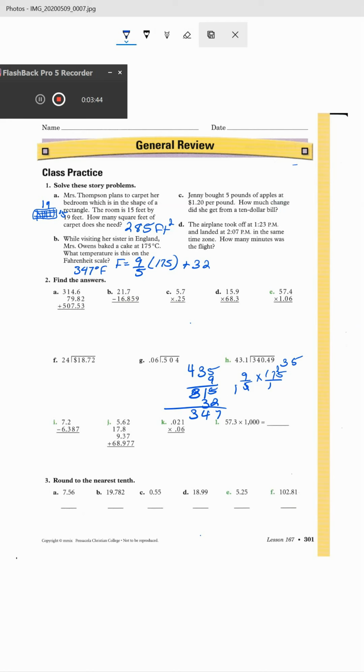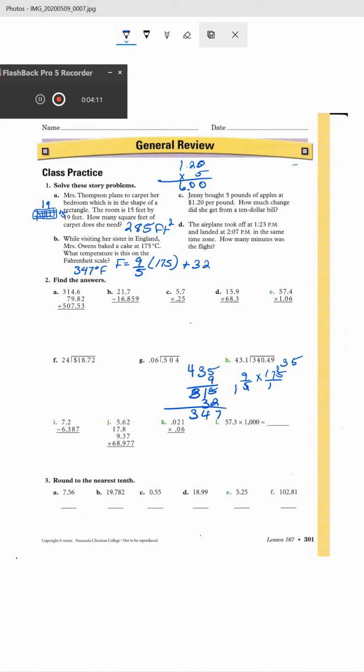Jenny bought 5 pounds of apples at $1.20 per pound. How much change did she get from a $10 bill? Well, the first thing, there's 2 parts to this one. The first part is, how much did she spend? So if the apples are $1.20 a pound, I'm going to multiply that by 5 to see how much she spent.